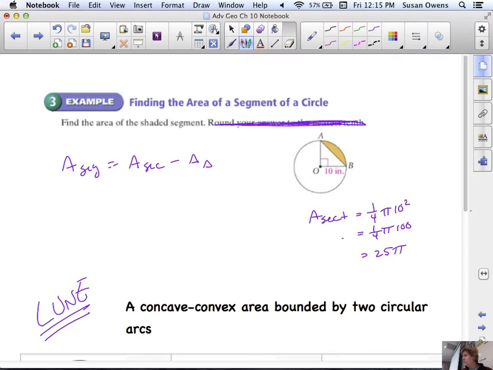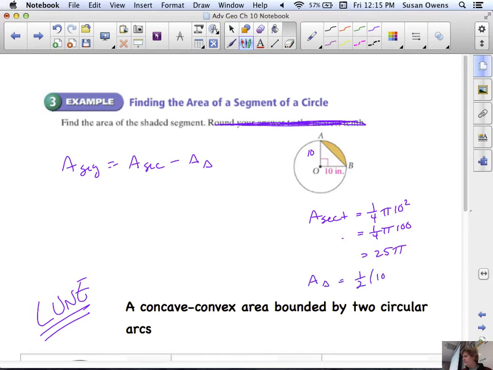Now, when you do the triangle, make sure you use the easiest formula you can. You can use 1/2 bc times the sine of the angle. You can also use 1/2 base times height. Make sure you take a look at what you have and use the easiest formula. The easiest one for this, since it's perpendicular, is 1/2 base times height.